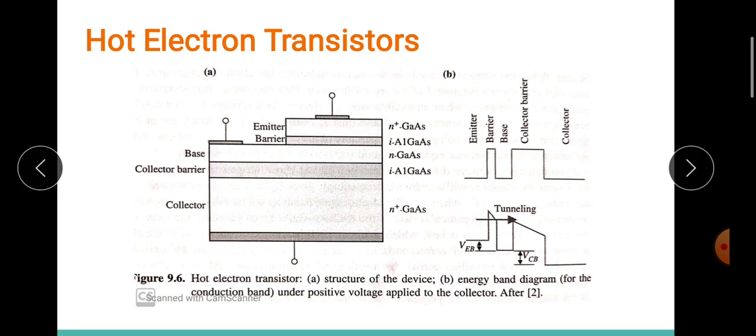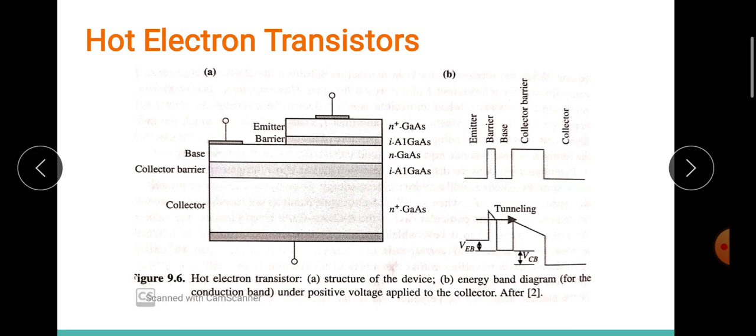Now what happens? See, when you apply say a positive voltage to the collector region, the hot electrons which are coming from the emitter, they start tunneling through this thin aluminum gallium arsenide barrier and finally reach the base.